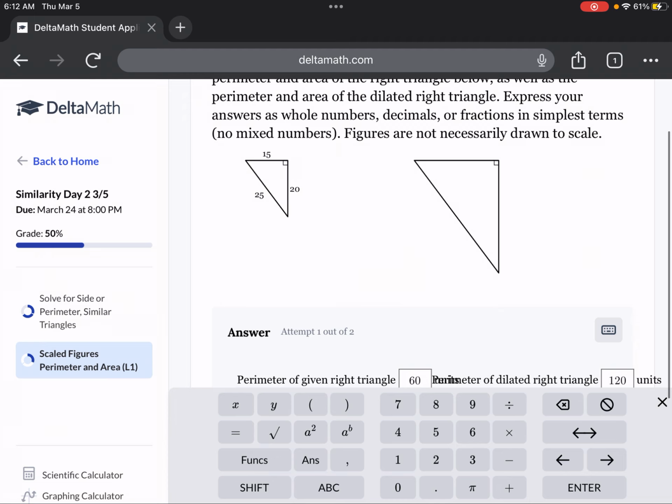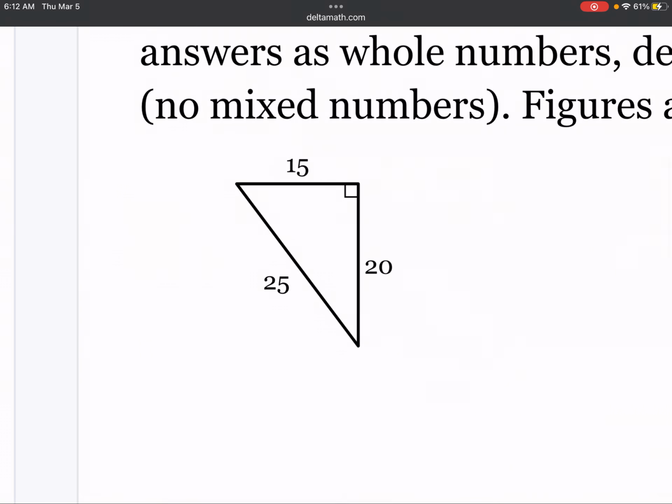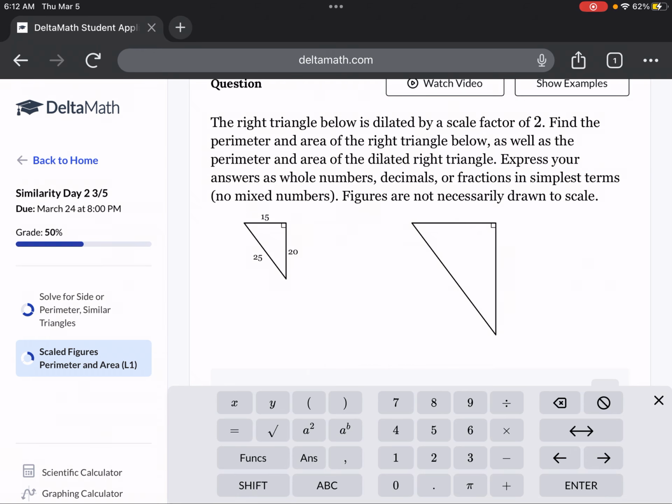Now, for the area, I'm just reminding you, you're going to multiply the numbers that are connected to the right angle. That little right angle symbol, that's how you know the numbers that you're supposed to multiply. So we're going to multiply them and divide it by 2. So 15 multiplied by 20 divided by 2 for the area.